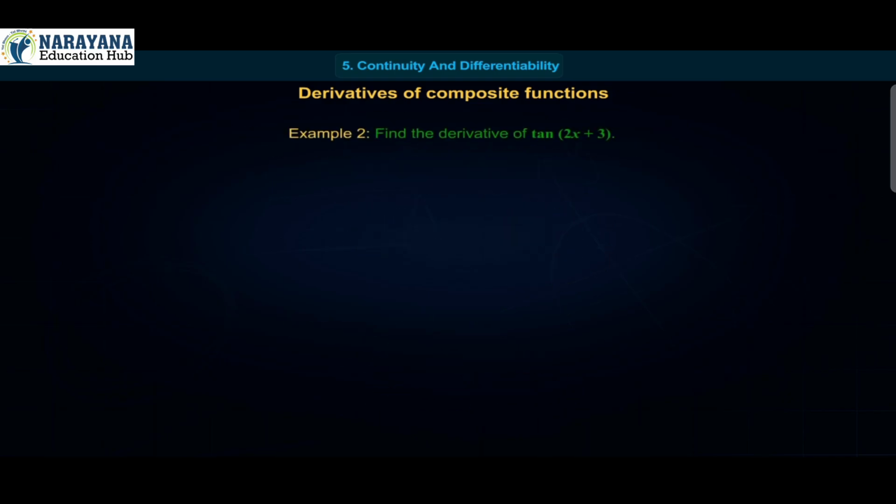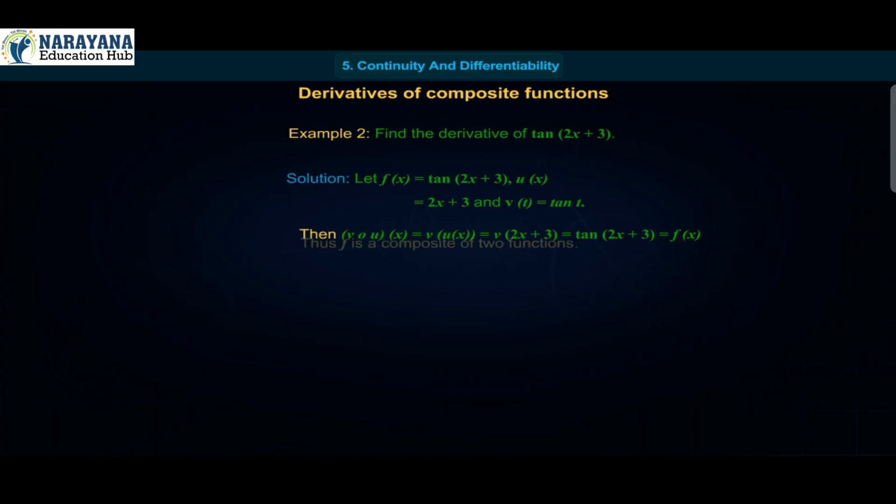Example 2. Find the derivative of tan(2x+3). Solution: let f of x is equal to tan(2x+3). u of x is equal to 2x+3 and v of t is equal to tan t. Then v o u of x is equal to v of u of x, which is v of 2x+3, which is tan(2x+3), which is f of x.